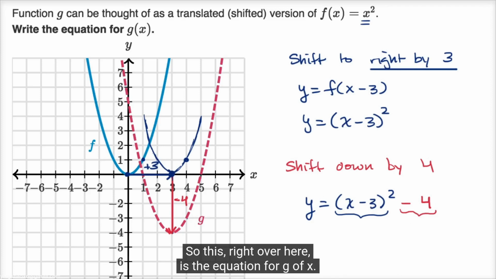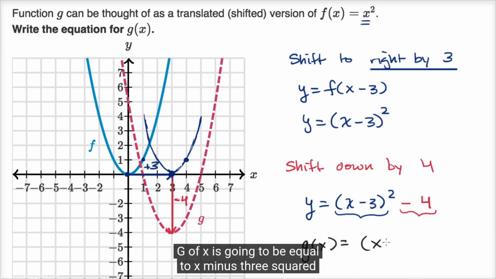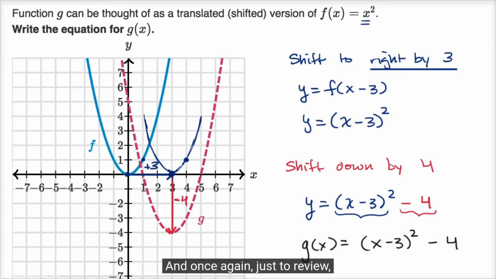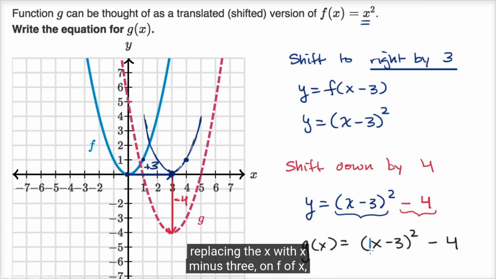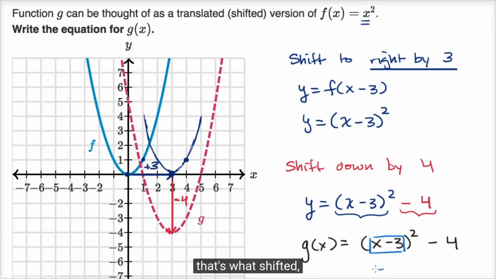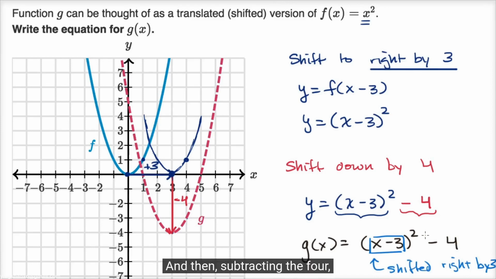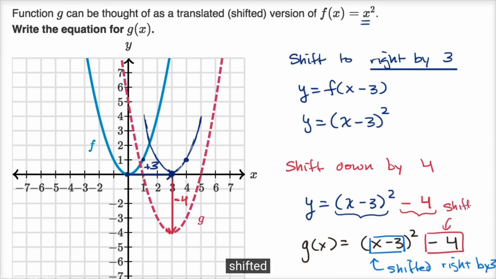So this right over here is the equation for g of x. g of x is going to be equal to (x minus 3) squared minus 4. And once again, just to review, replacing the x with x minus 3 on f of x, that's what shifted us right by 3, and then subtracting the 4, that shifted us down by 4.